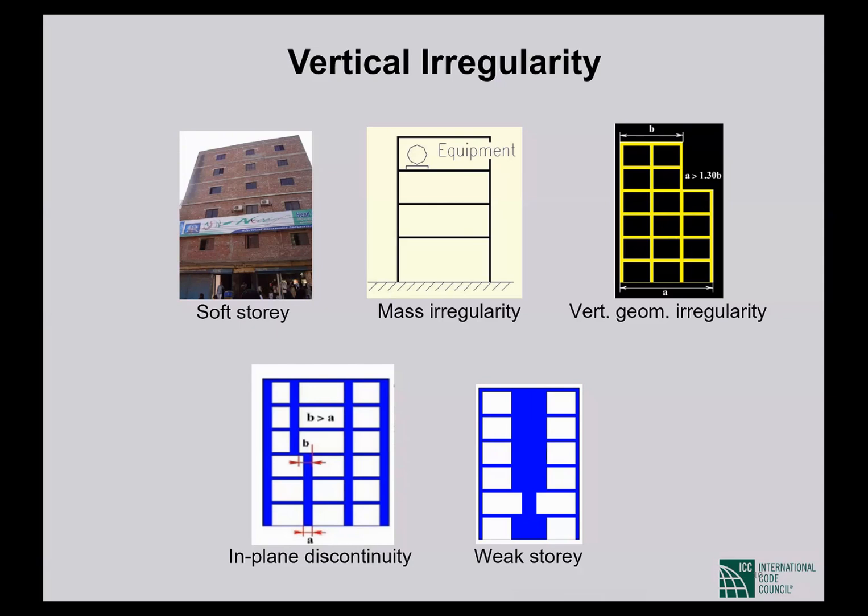What I want to show here is, how can a story be less stiff than an adjacent story? One quite typical example is the parking floor, the ground floor of an apartment building, where we don't have any brick walls, whereas the upper stories do have brick walls. Brick walls are actually quite weak in terms of strength, but they are very stiff in terms of stiffness.